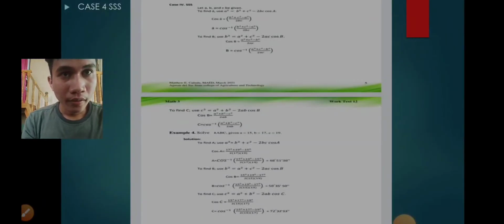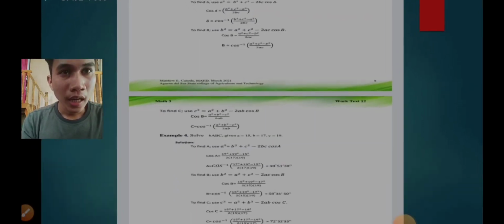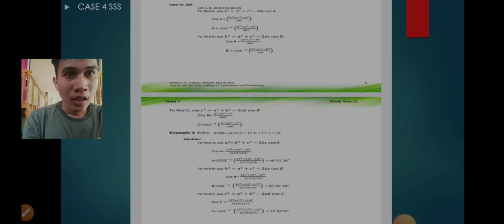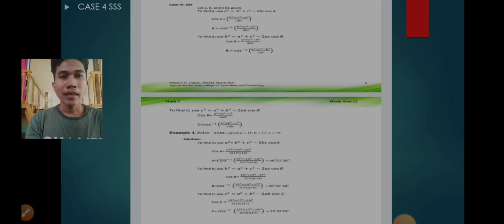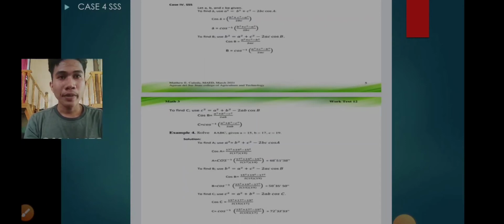For case 4, let a, b, and c be the given. To find angle A, use a squared is equal to b squared plus c squared minus 2bc cos A. So cos A is equal to the quantity b squared plus c squared minus a squared over 2bc.